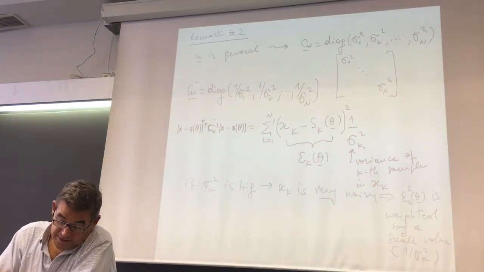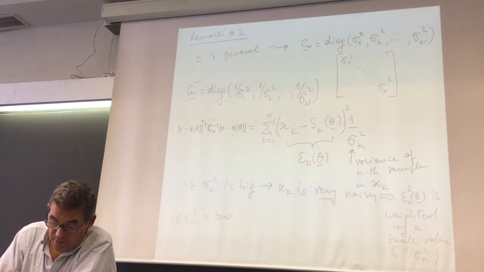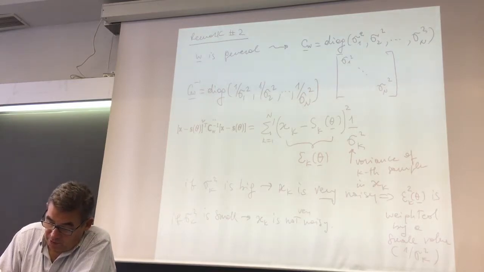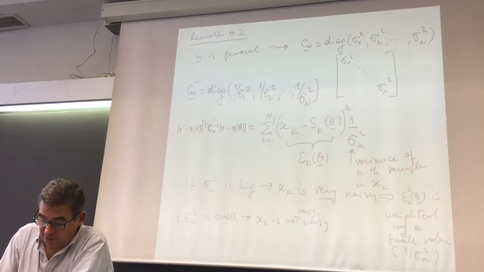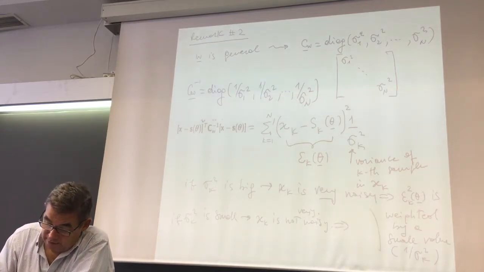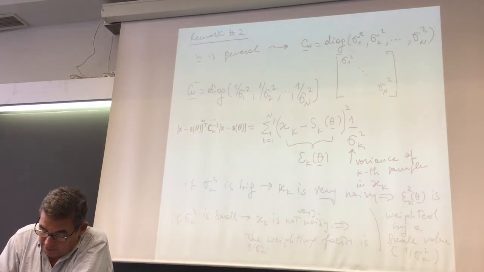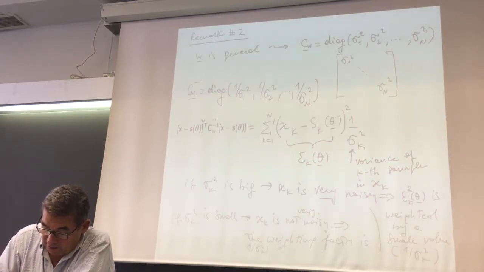On the other hand, if sigma squared k is small, which means that x_k is not very noisy, then the weighting factor, 1 over sigma squared k, is large.